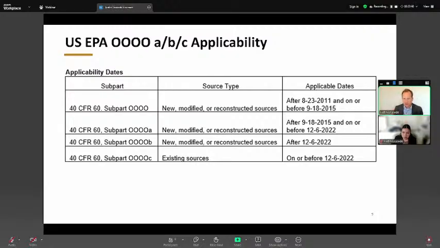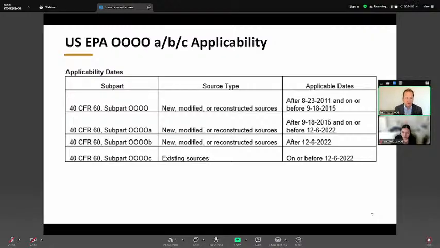So that falls into subpart A, and it's really a certain criteria. 6 tons of VOCs coming off your tanks from a potential to emit standpoint. So with no control device, if you have 6 tons of VOC emissions specifically from your entire tank battery, you're now a tank affected facility, and you have to follow this Quad OA.